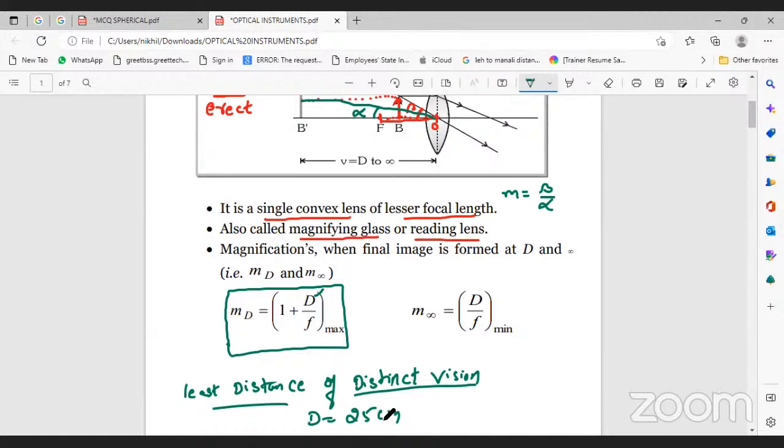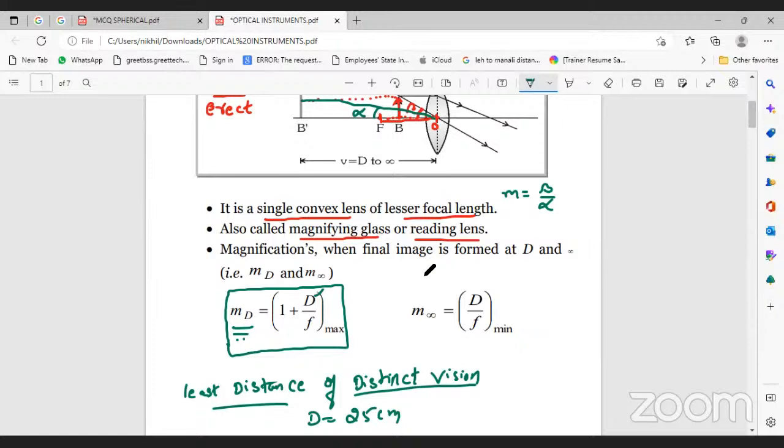To get a clear image, the person has to keep the object at a minimum distance of 25 centimeter. That is called the least distance of distinct vision. If you place the object at that distance, the magnifying power of the simple microscope is given by 1 plus D by F, where F is the focal length of the convex lens and D is the least distance of distinct vision.